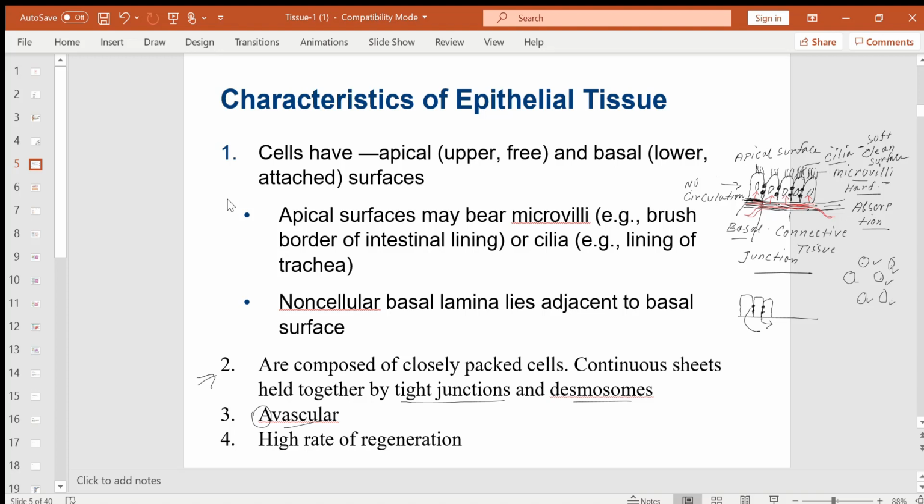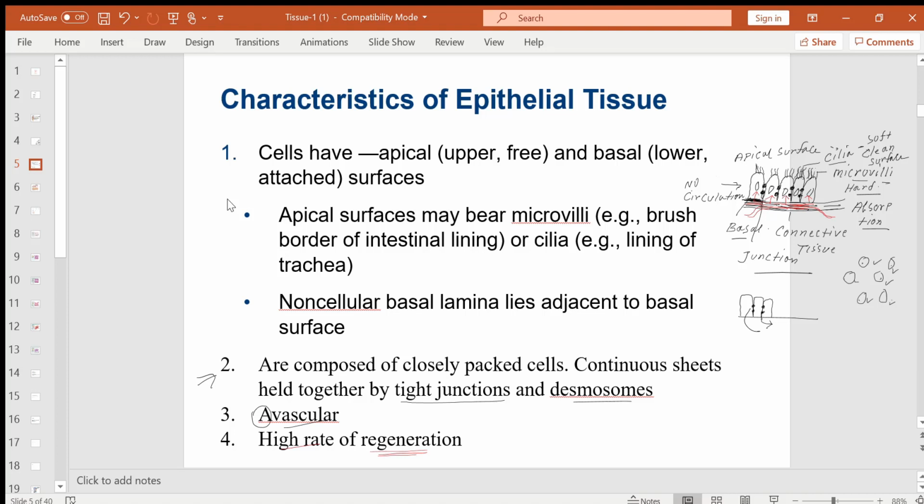High rate of regeneration. This is an important property of the epithelial tissue. What is this? The dead epithelial tissue is quickly replaced by new epithelial tissue. That means the epithelial tissue can quickly regenerate. And you all know that when you lose skin, quickly new skin is formed, right?